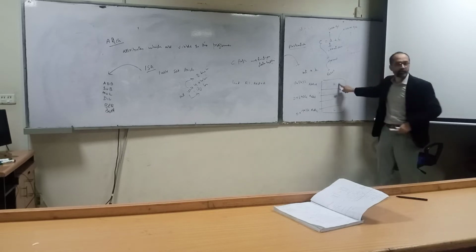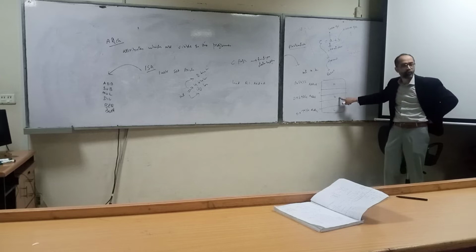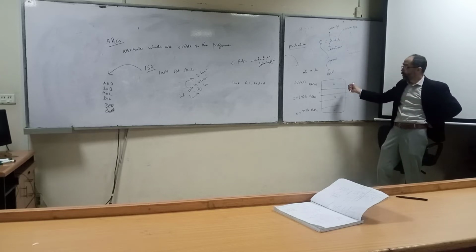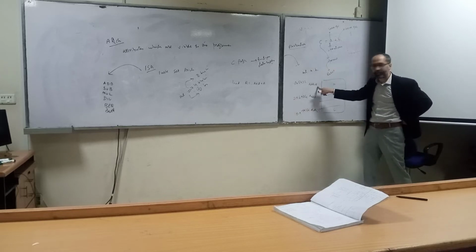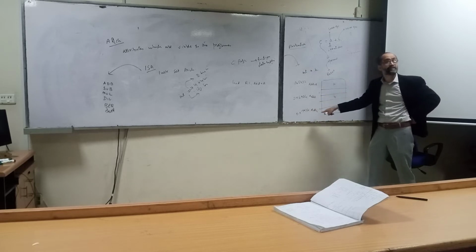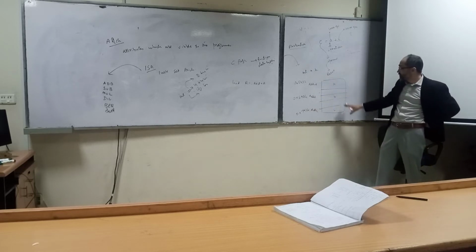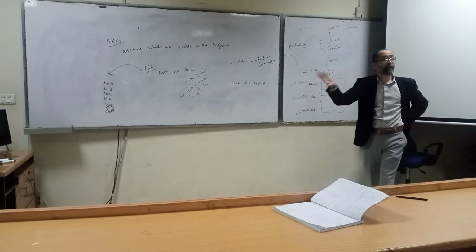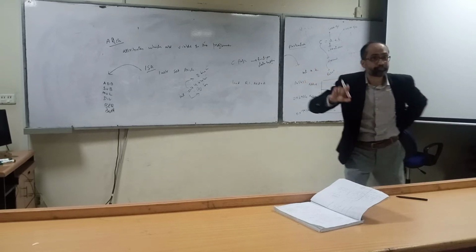This is memory location 1, memory location 2 and memory location 3. Each memory location has an address: address of A, address of B and address of C. These 3 variables have been allocated by the compiler in the memory.